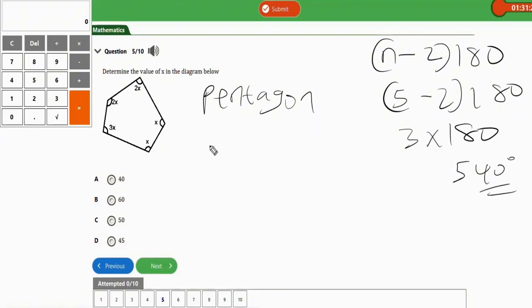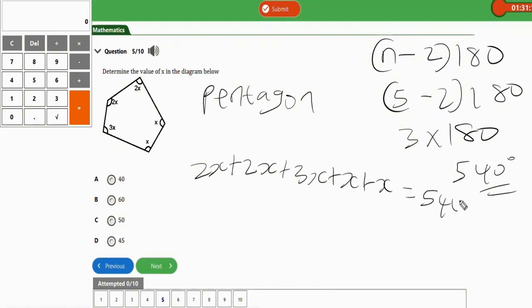So basically, to find the value of x, you're going to do 2x plus 2x plus 3x plus x equals 540 degrees. When you sum everything here, you're going to have 9x equals 540 degrees. Divide both sides by 9.